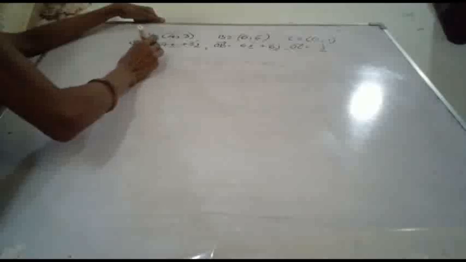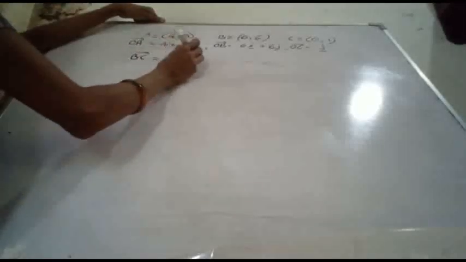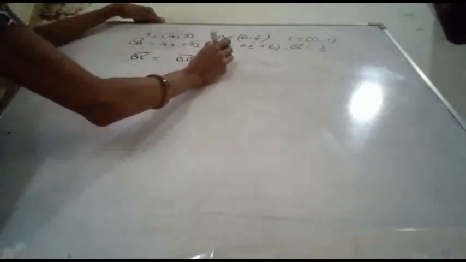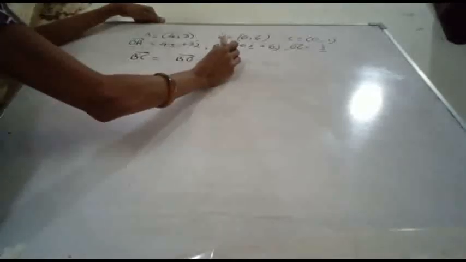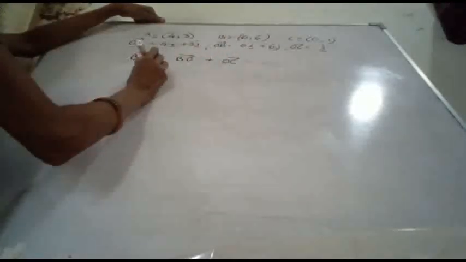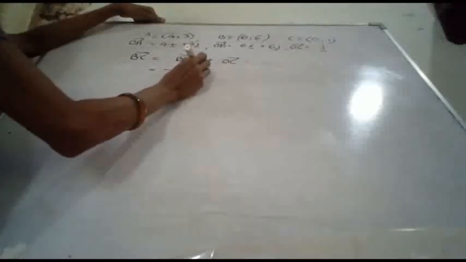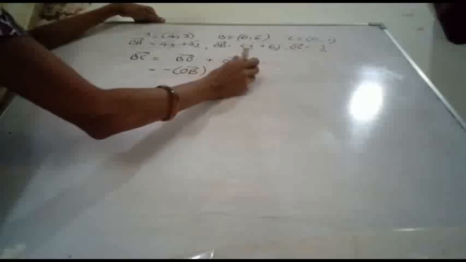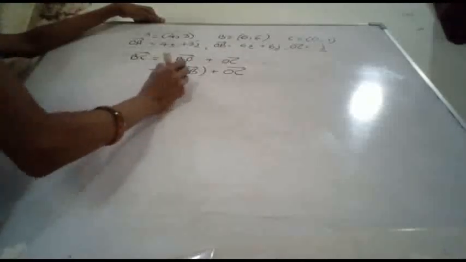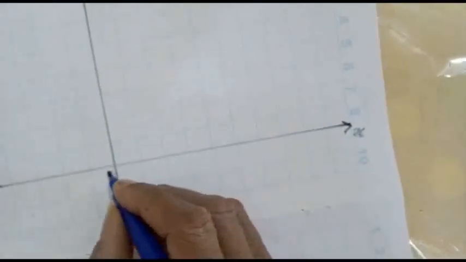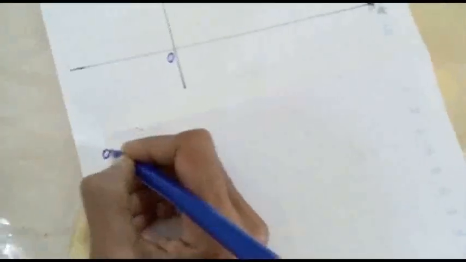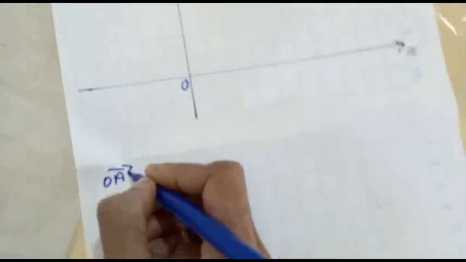Vector BC is equal to BO plus OC. Vector BO is equal to negative vector OB. O is the origin.